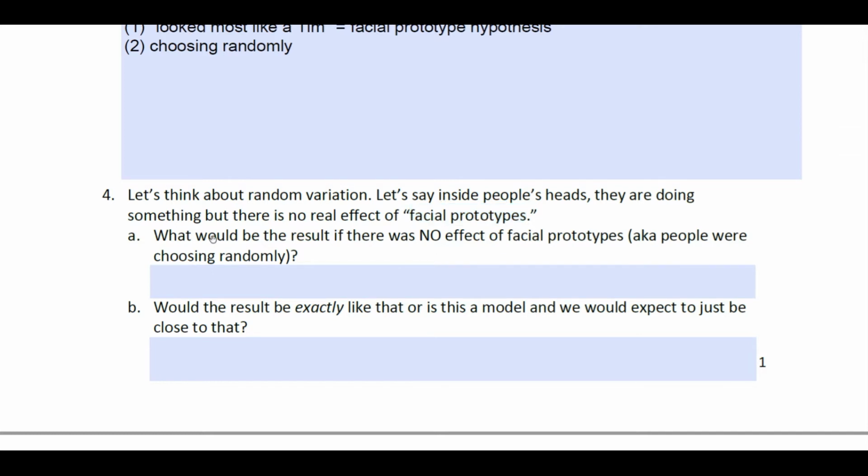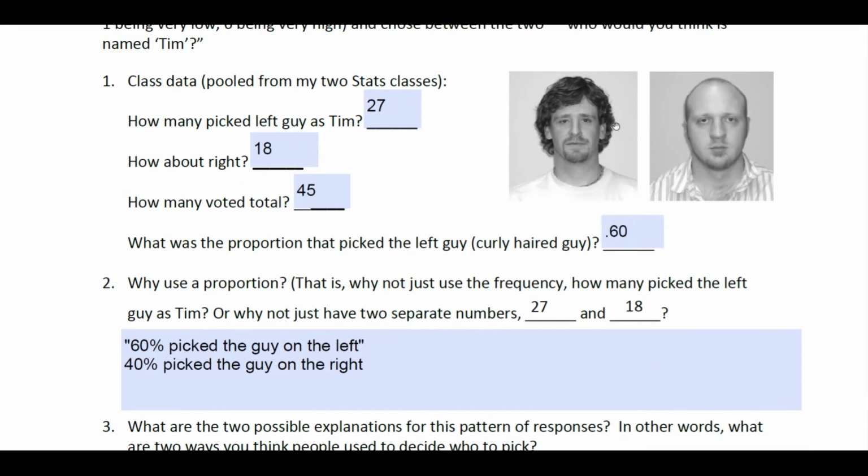So think about what result you would expect if there really is no facial prototype. If everybody is just picking completely at random, then about what percent would you expect to pick the guy on the left, and about what percent would you expect to pick the guy on the right if everybody chooses at random?